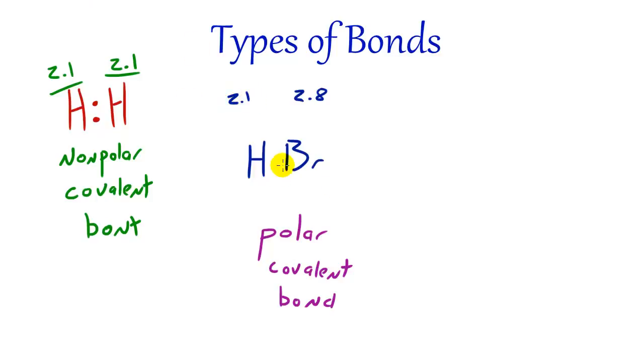So whenever we would draw this, we would get the hydrogen, and actually we probably don't even need to draw this, but it annoys me whenever I don't draw the valence electrons. So what we'd have is the hydrogen and the bromine would share this pair of electrons right here in the middle. However, it wouldn't share them equally because since bromine has a stronger electronegativity of 2.8 and hydrogen only has an electronegativity of 2.1, the electrons would be more strongly attracted to the bromine.